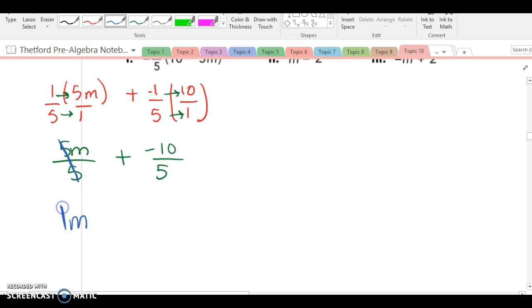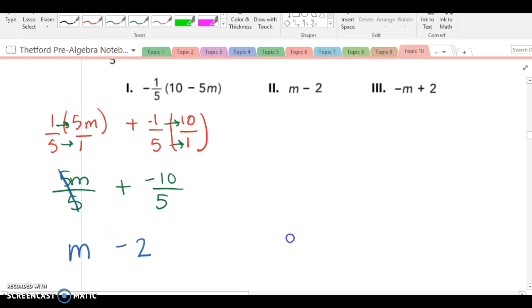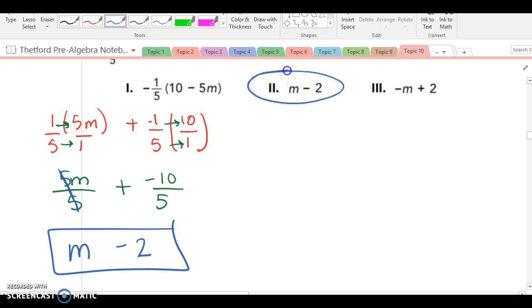You can also write 1m if you want. I would not count that wrong. They're the same thing. And then negative 10 divided by 5 gives you negative 2. So this answer looks like this answer.